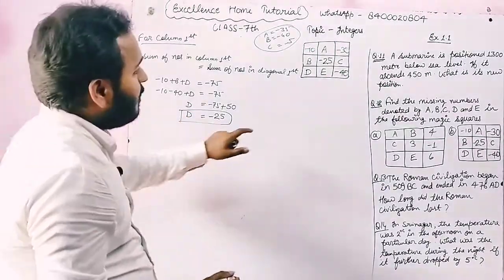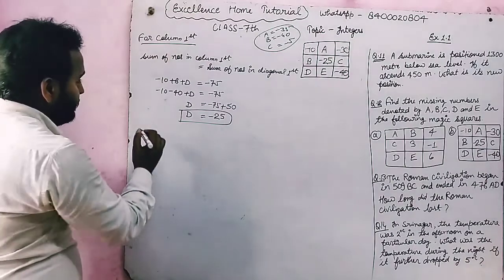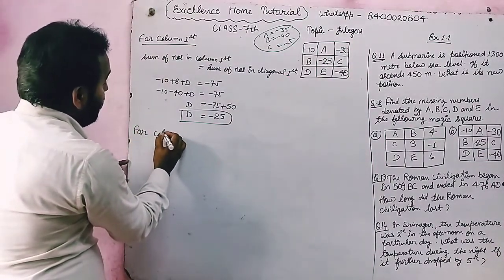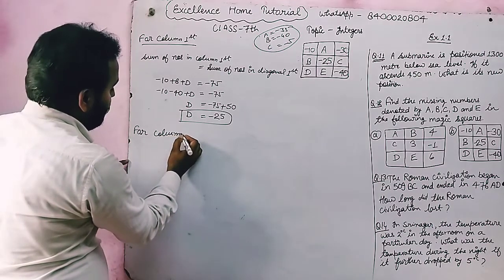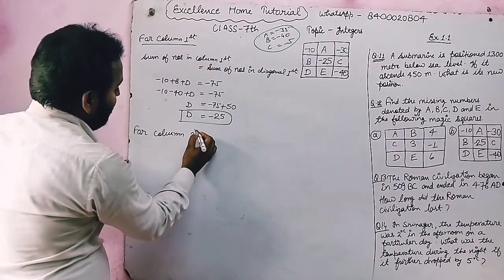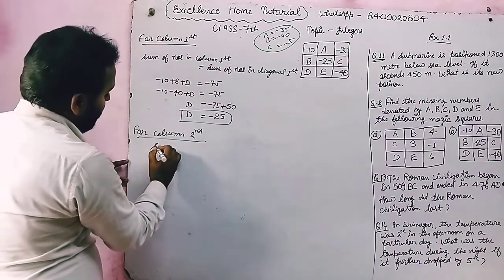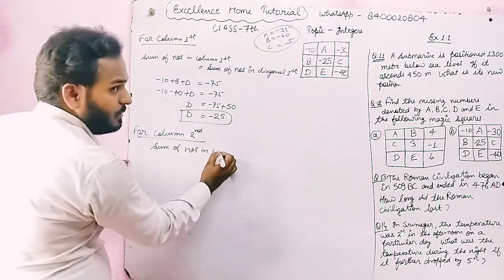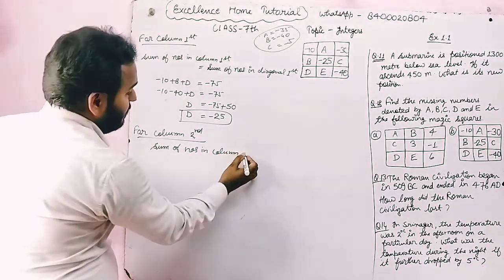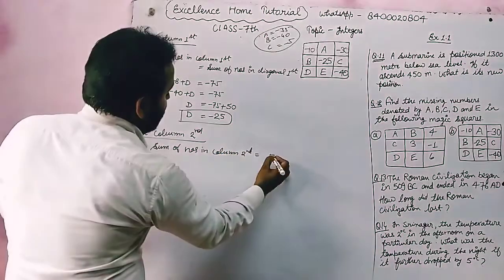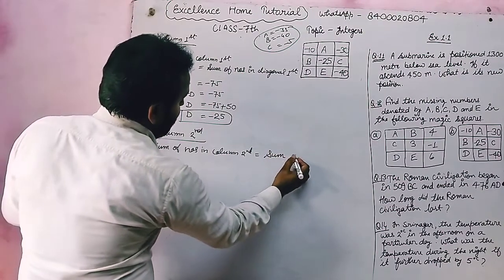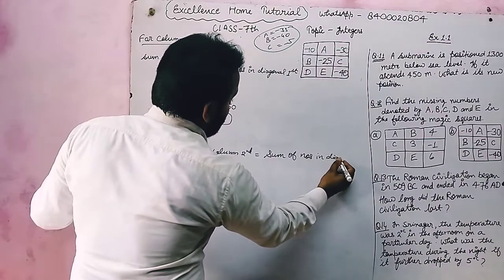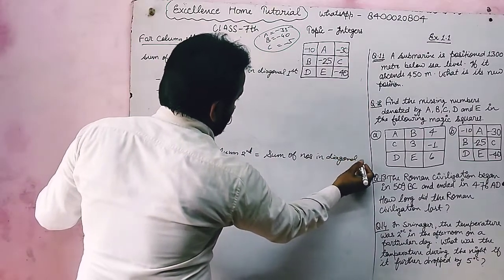We have to find out the value of E. So for column second, the sum of numbers in column second equals the sum of numbers in diagonal first.